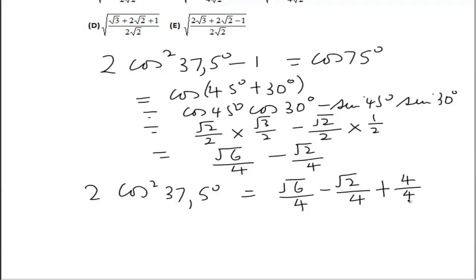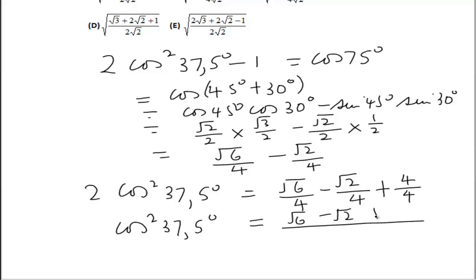If I divide by 2, I will have cos squared 37,5 degrees equal to root of 6 minus root of 2 plus 4 all over 8.